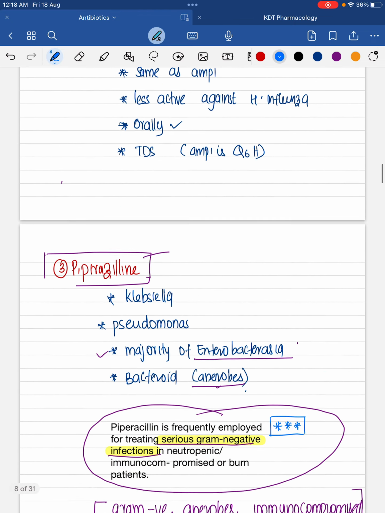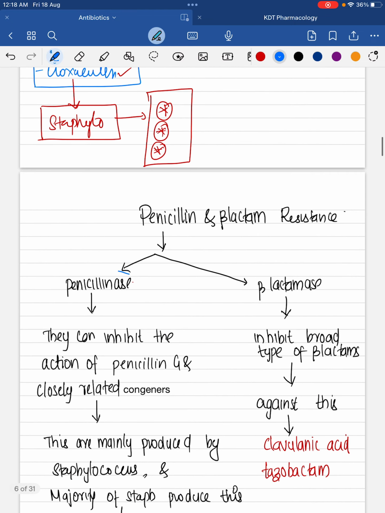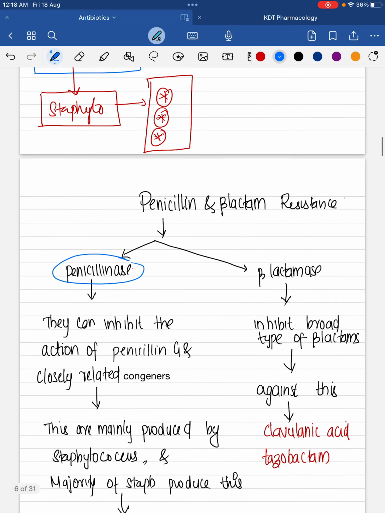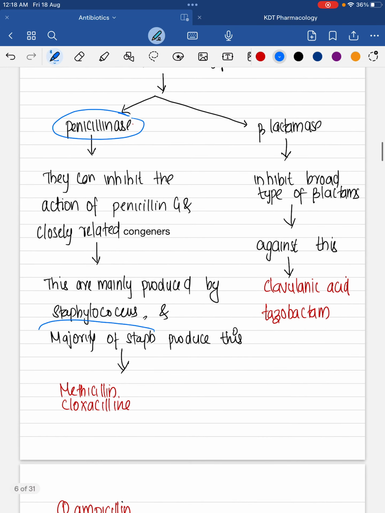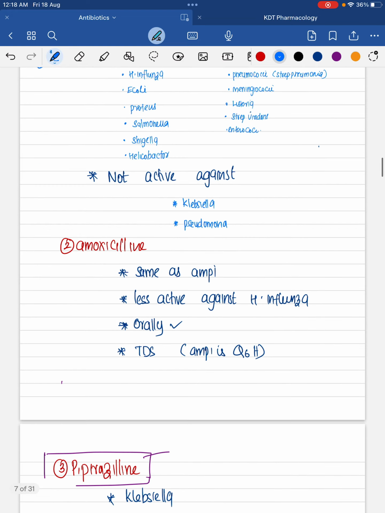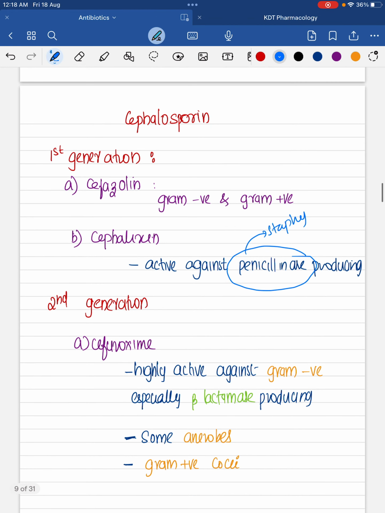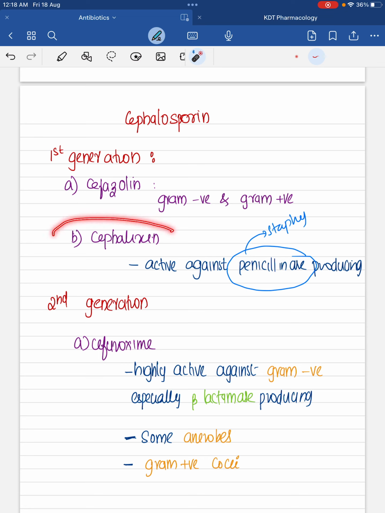Penicillinase is produced by the majority of Staphylococcus, and this first generation cephalosporin, cephalexin, is another drug for Staphylococcus.